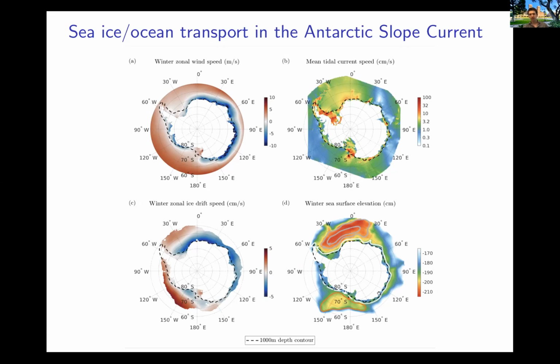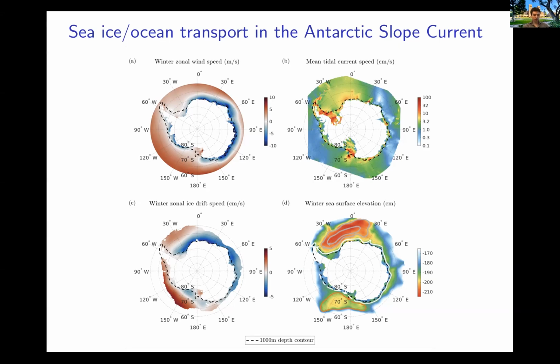The Antarctic slope current essentially follows the Antarctic continental slope almost all the way around the Antarctic continent. It's also visible in sea ice drift. This is winter zonal sea ice drift from feature tracking algorithms. And you can see again, almost all the way around the Antarctic continental slope, highlighted by the dashed black line here, there is a westward flow of the sea ice, particularly concentrated close to the coast.